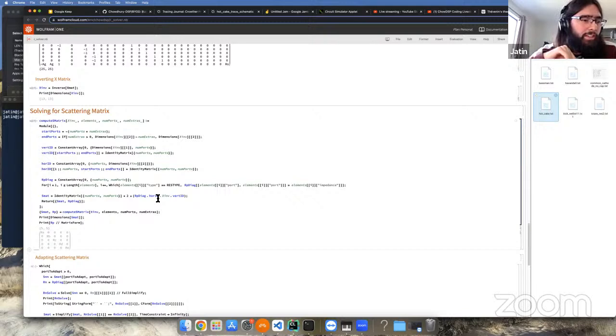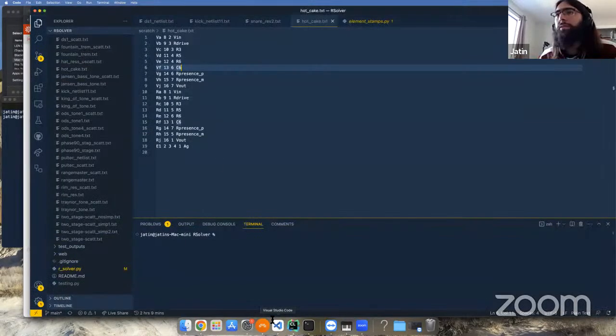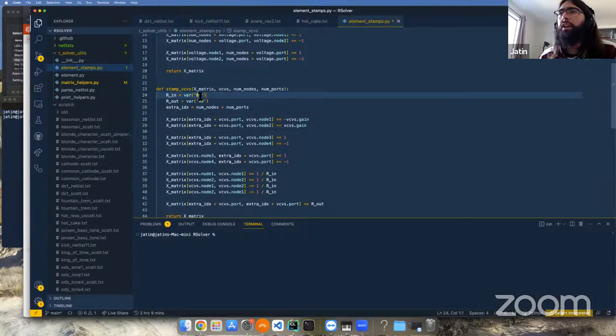I was talking about RI, that is supposed to be the input resistance. Yeah, maybe I should be a little more careful about some of the naming systems that I use here, but basically RI in the op-amp macro model is treated as the input resistance for the op-amp. This also assumes that if you do have a circuit with multiple op-amps, they all have the same input and output resistance, which may not be true.